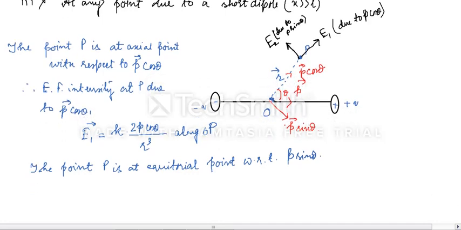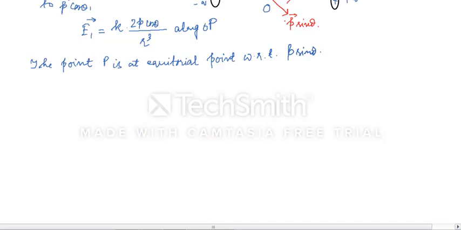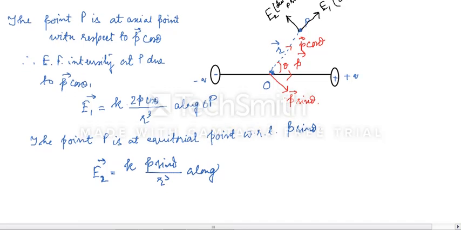So what is E2? E2 will be equal to k p sin theta by r cube along the direction given by, let us give a name to this point, say C. So we can write it along PC.